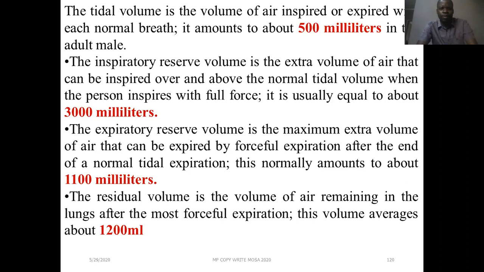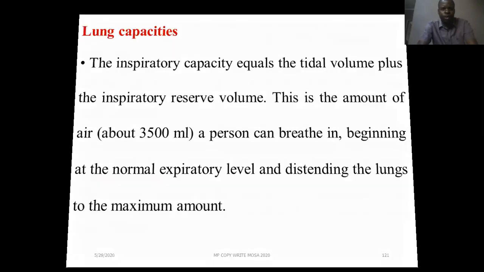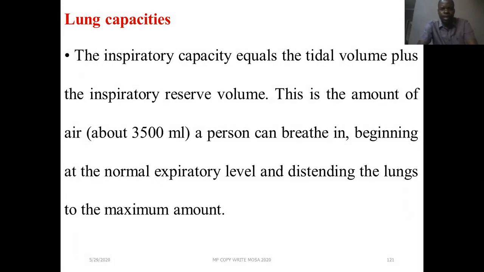The residual volume is the volume of air remaining in the lungs after the most forceful expiration. This volume averages about 1,200 mL. So you just need to know these terms, what they mean. The inspiratory capacity equals the tidal volume plus the inspiratory reserve volume.